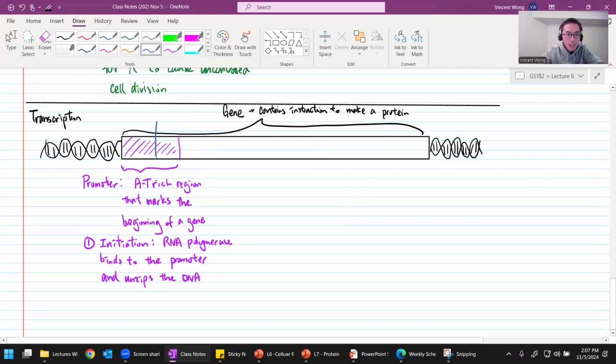So I'm going to draw this guy right here. Basically, he's going to move forward. This is the RNA polymerase, not to be confused with the DNA polymerase that we learned last time. I'm going to zoom in on this middle section so I can draw better.